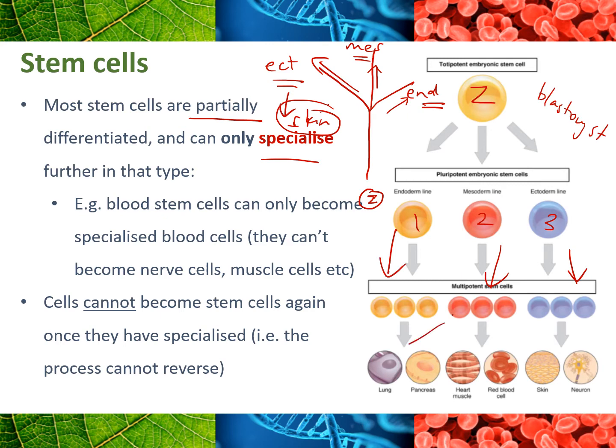This can't now cross over to there, that doesn't work. But also a cell can't reverse in that process. Okay, so if a cell has specialized into being a lung cell, it can't now go back to being an unspecialized endoderm cell. Okay, so they can only, I guess, develop in one way, same as we can't get younger.